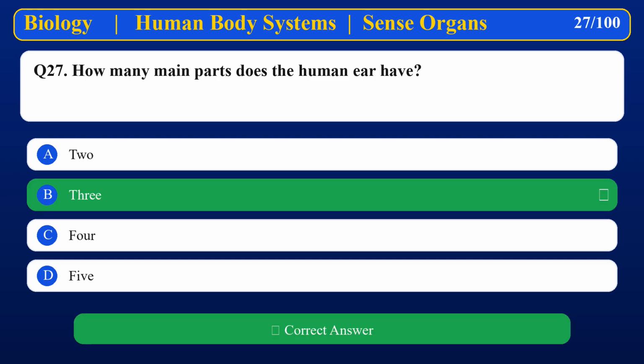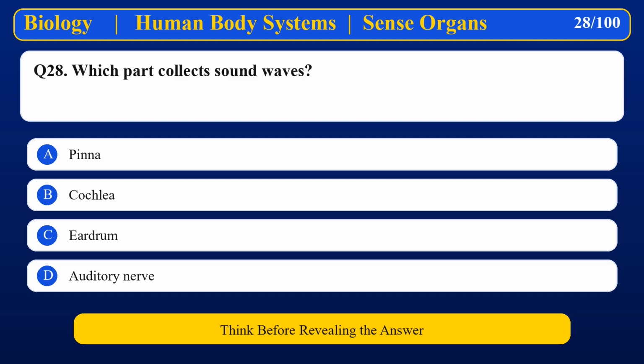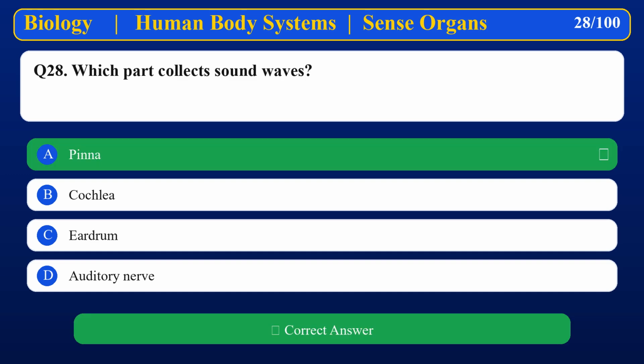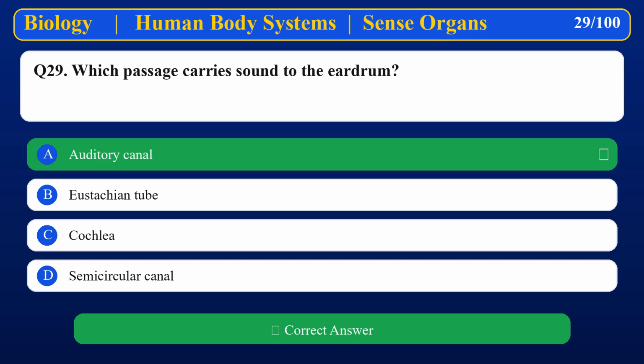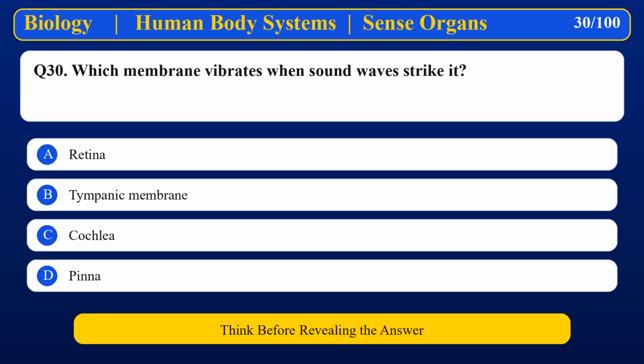3. Which part collects sound waves? Pinna. Which passage carries sound to the eardrum? Auditory canal. Which membrane vibrates when sound waves strike it?